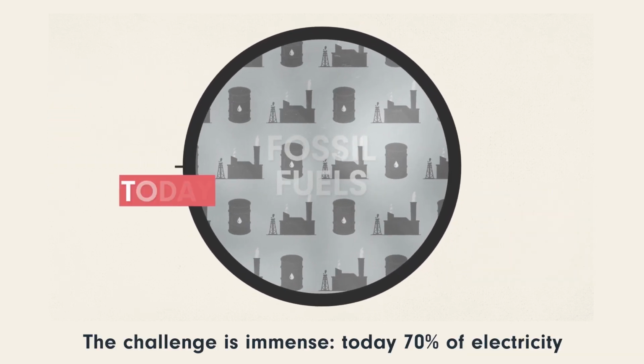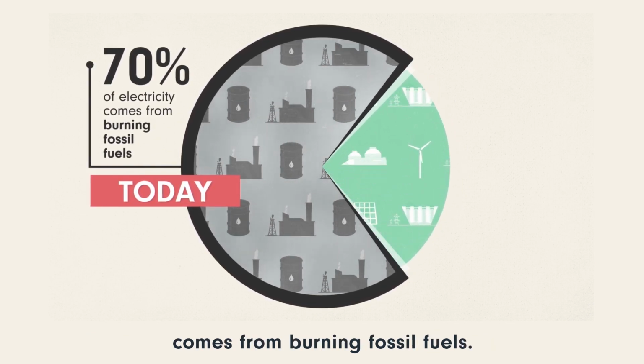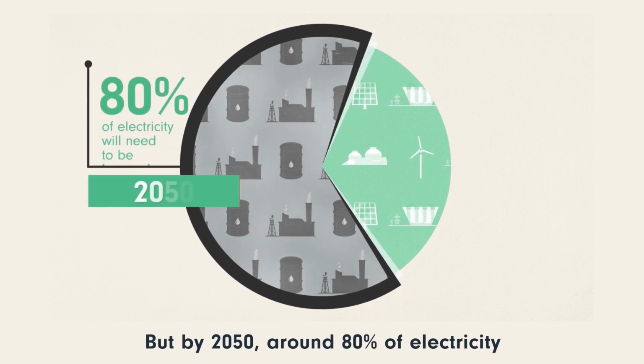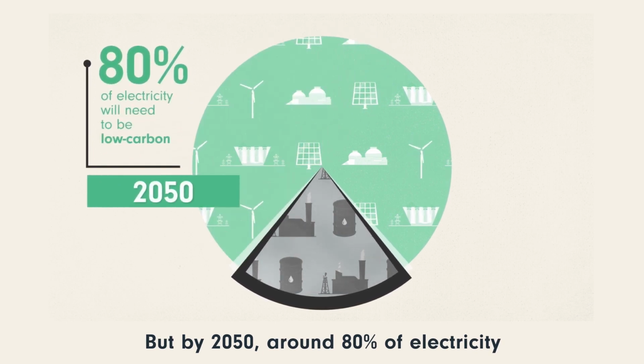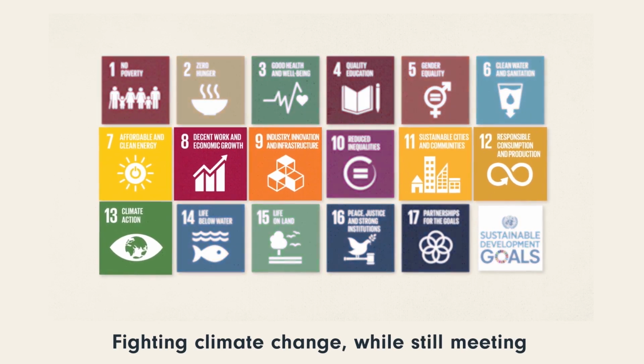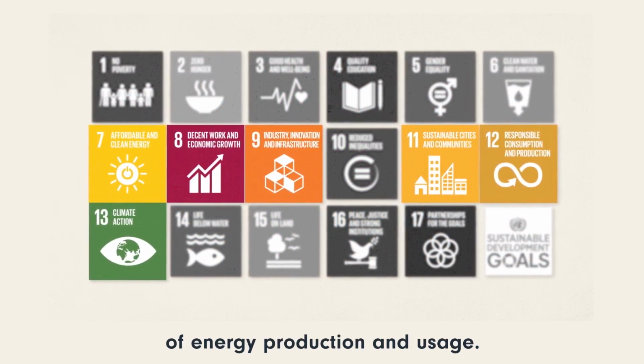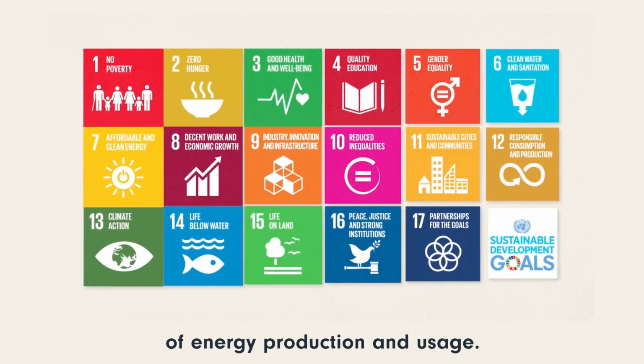The challenge is immense. Today, 70% of electricity comes from burning fossil fuels, but by 2050, around 80% of electricity will need to be low carbon. Fighting climate change while still meeting development goals requires a radical transformation of energy production and usage.